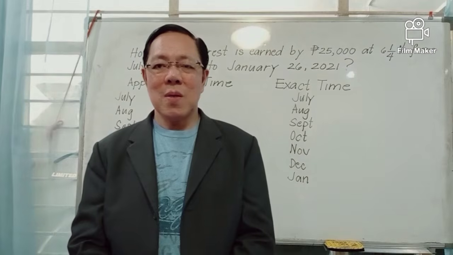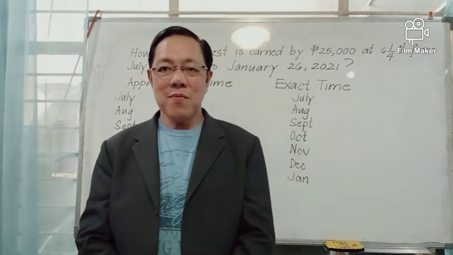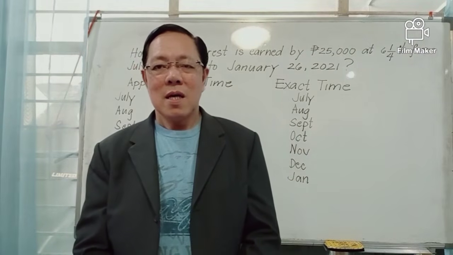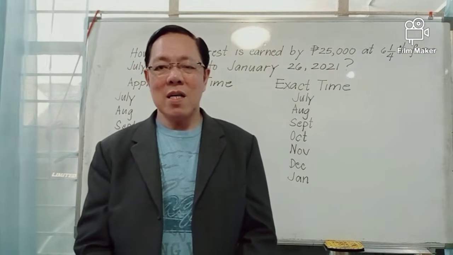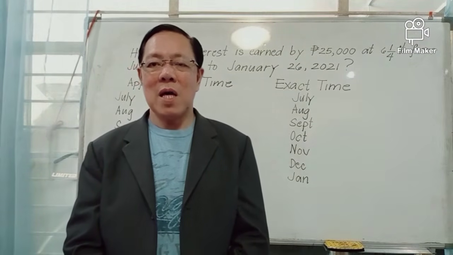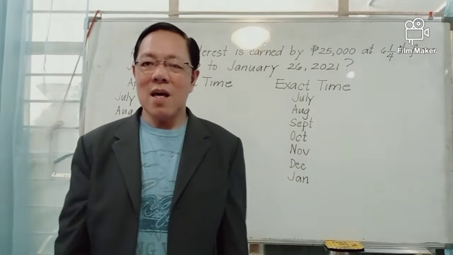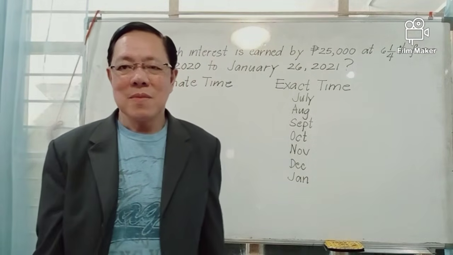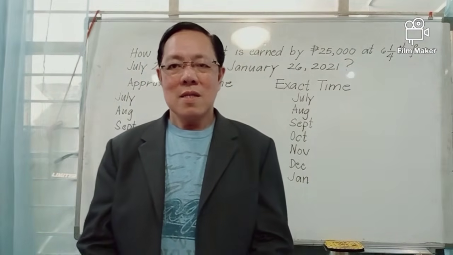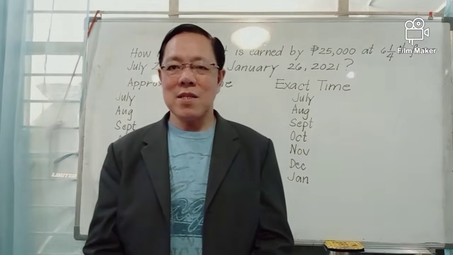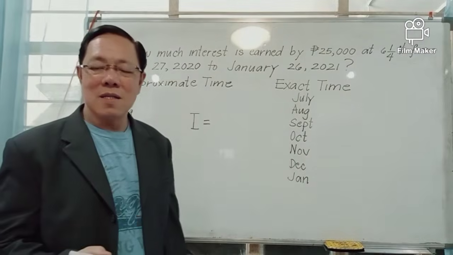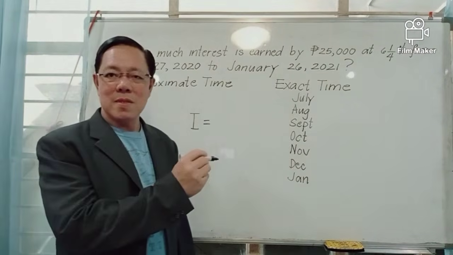Last time, we took up the formula for computing the amount of interest at simple interest rate. And it is given by capital I equals capital P multiplied by small i multiplied by t, where capital I is the amount of interest, capital P is the principal, the small letter i is the interest rate, and the small t is the time.